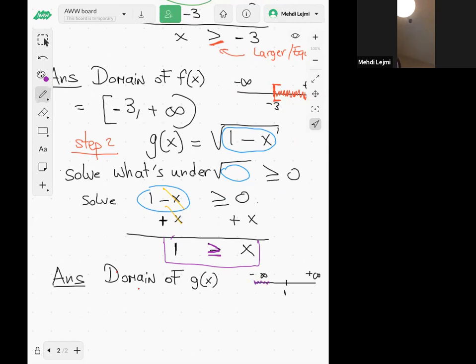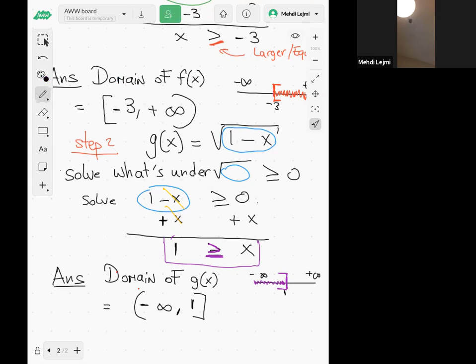It can be equal to 1, because of this line here, so I'm gonna include 1. So domain of g, you always go from left to right, from the smallest number to the largest number. You start from the left, which is negative infinity, which is always excluded, and go to 1, which is included, of course, because x can be equal to 1.